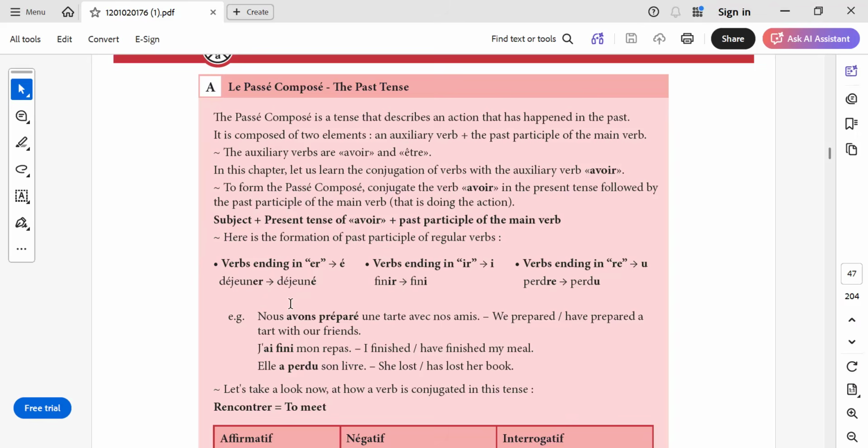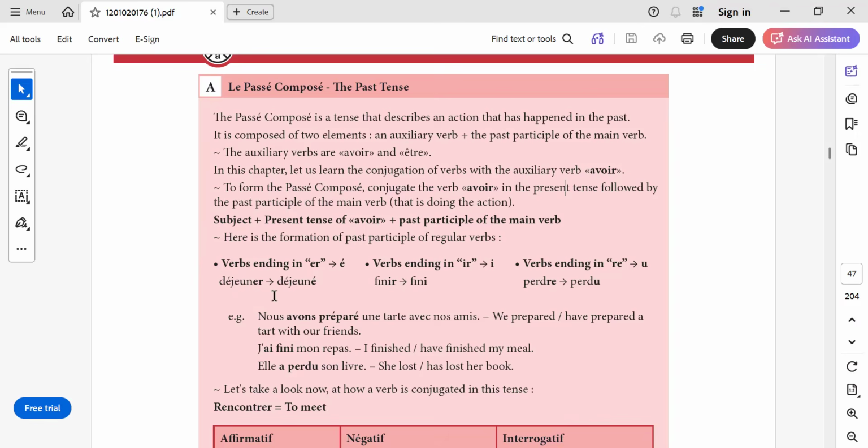So all those are IR ending verbs. Then the third group is RE ending, which are the typical RE verbs like vendre, attendre, entendre, répondre, all those verbs, plus the irregular verbs.